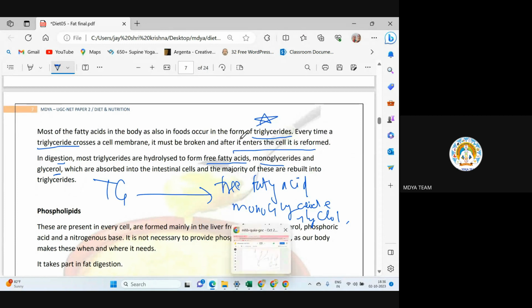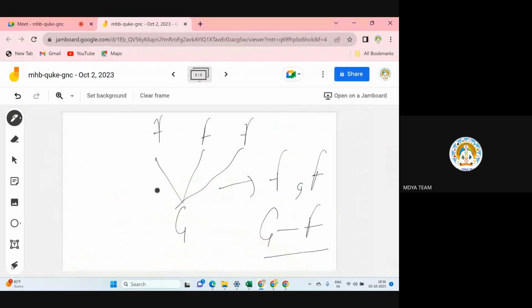This line also wants to convey the same message: in our gut, in our digestive system, triglyceride will be broken down into fatty acid and glycerol, and once they reach the blood, they will form triglyceride again.